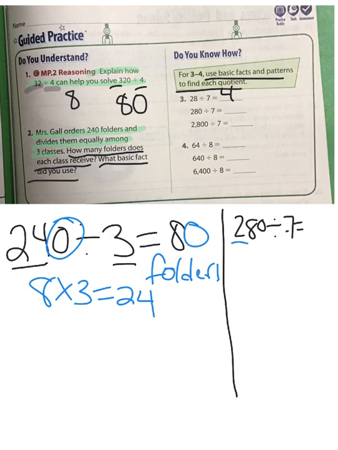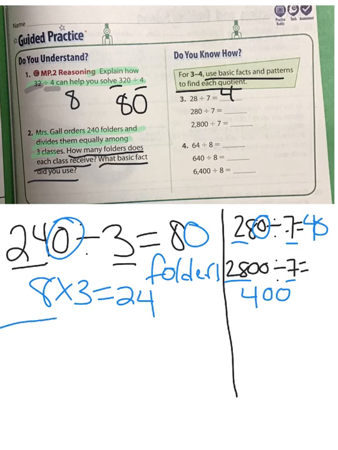So we have 28 divided by 7 is 4, and then we need to add 1 zero. So we get 40. Next, we have 2,800 divided by 7. Well, our basic fact is 28 divided by 7, which is 4, and then add 2 zeros. So you should get 400.